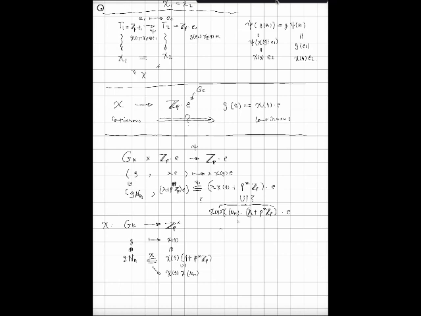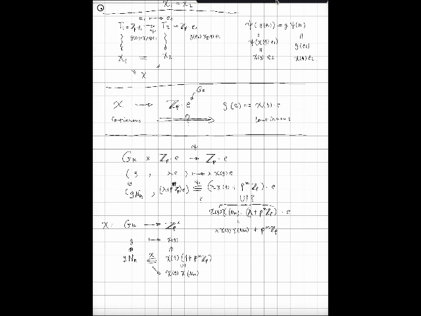So this is lambda chi G chi m plus something, okay, plus p to the m z p, right?